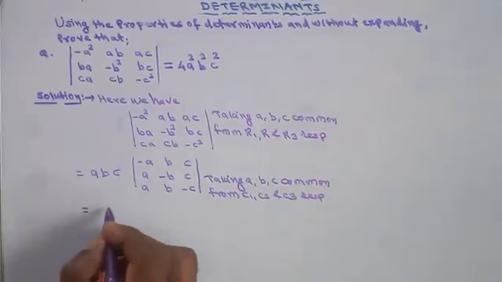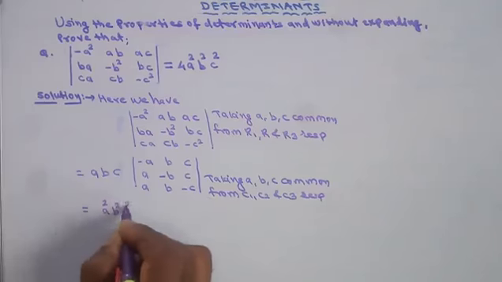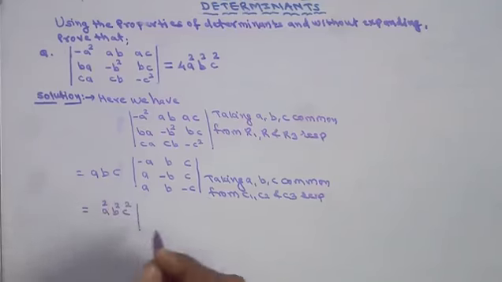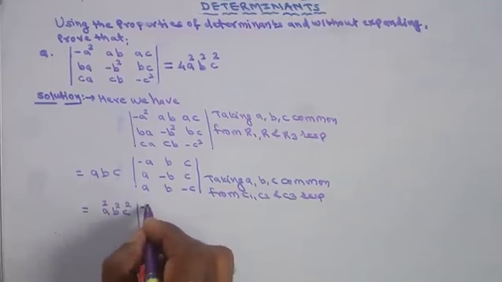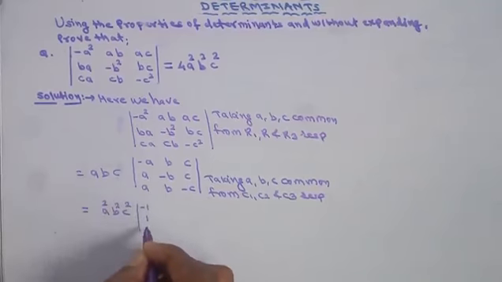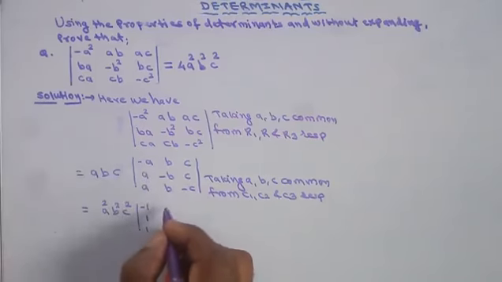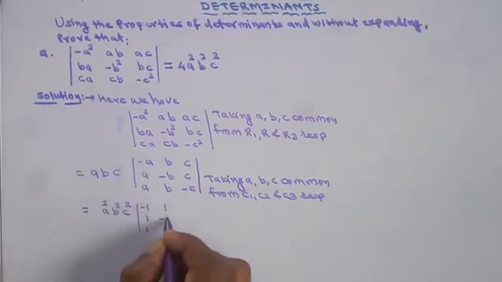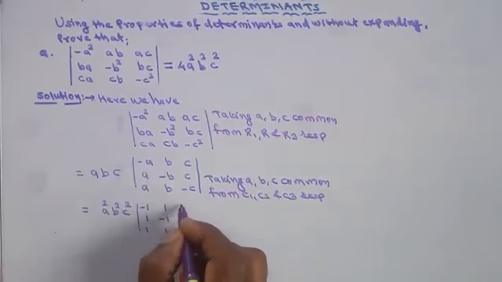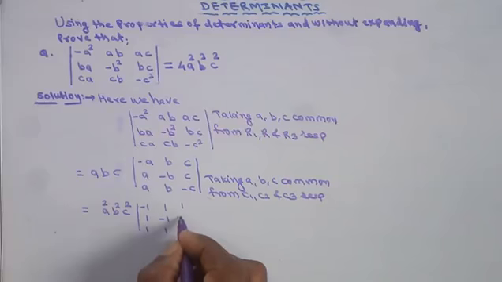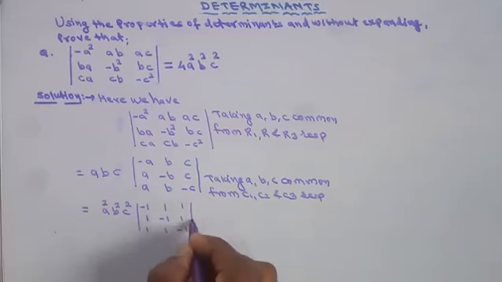So what happens, I will get a square, b square and c square, and we will have a determinant that is minus 1, 1, 1; then taking b from c2, 1, minus 1, 1; then 1, 1, minus 1.